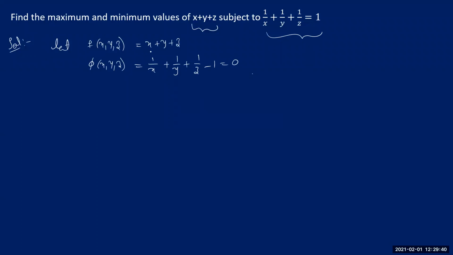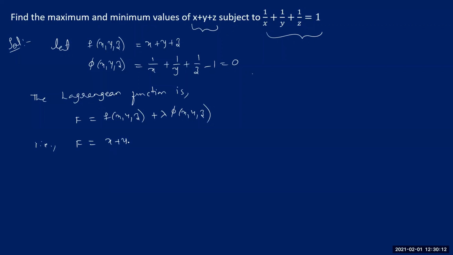Right? So now, after identifying these two, we need to form the Lagrangian function. The Lagrangian function is capital F equals, as we know, f of xyz plus lambda times phi of xyz. That is, capital F equals x plus y plus z plus lambda times (1 by x plus 1 by y plus 1 by z minus 1).